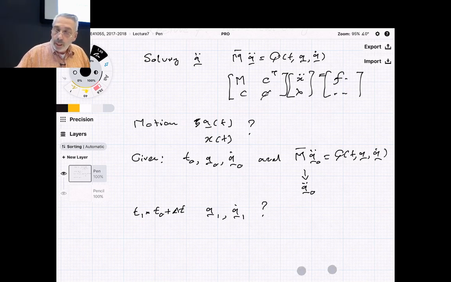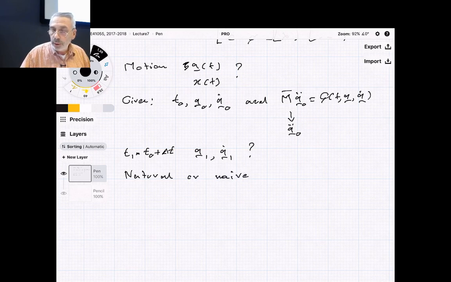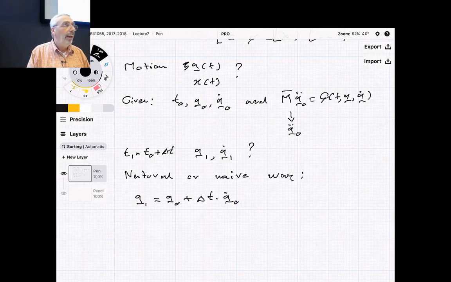Well, a very natural, and maybe also naive, way would be the following. To say, well, the new position is the old position plus the time step times the speed. And since we have both coordinates and speed, we can do the same for the speed.